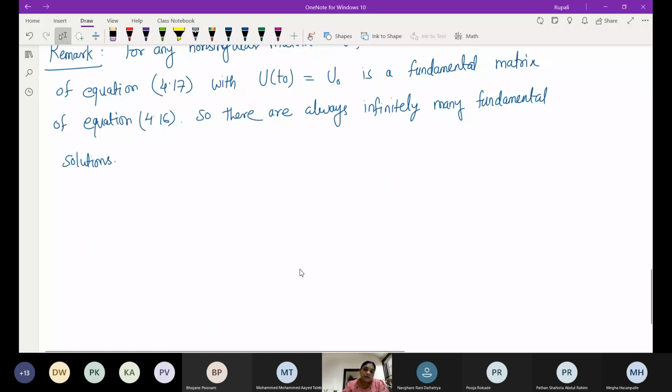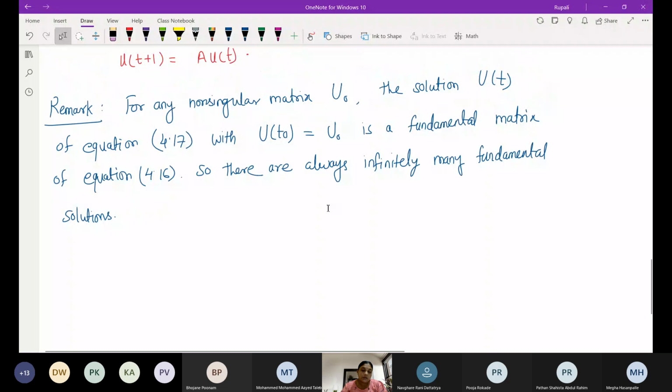How can we say there are infinitely many fundamental solutions? Because we know that if phi t is a solution, c times phi t is also a solution for that system. So c is an arbitrary constant, so there will be infinitely many solutions, and if the determinant of phi t is non-zero, then c times the determinant of phi t is also non-zero, where we are taking c non-zero.